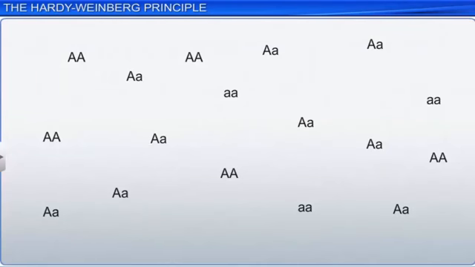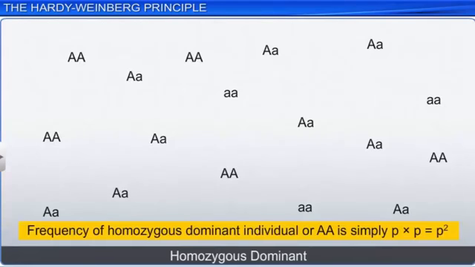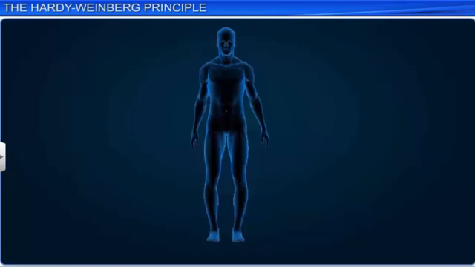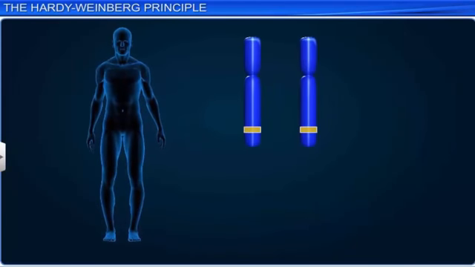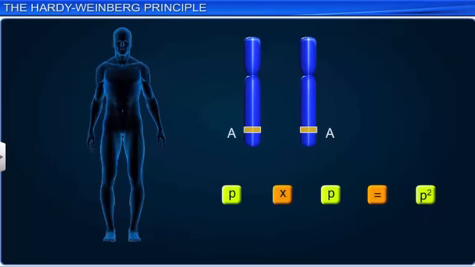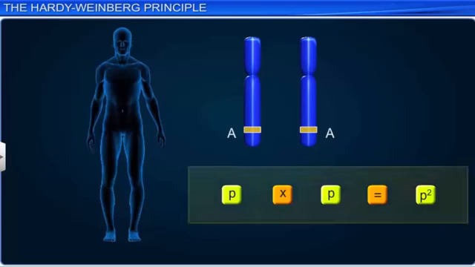Therefore, we can also say that in a population, the frequency of a homozygous dominant individual, that is capital A capital A, is simply p square. In other words, the probability of allele capital A with a frequency of p to appear on both the chromosomes of a diploid individual is defined as the product of the probabilities, which is p into p or p square.